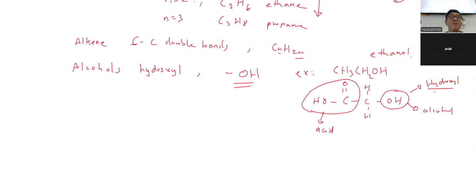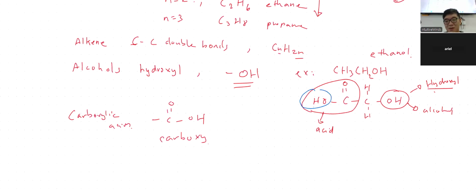Which brings me to my next point, carboxylic acids, which goes something like this. That's a functional group. That's called a carboxyl. And here's the thing, it may seem to be alcohol, because you got the OH here.